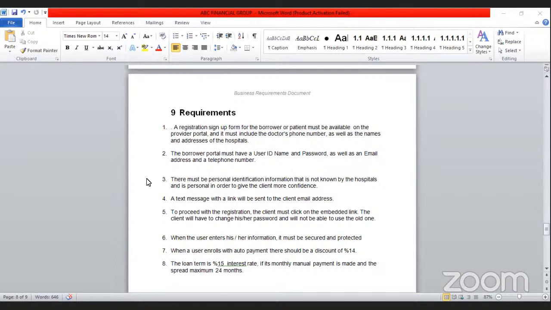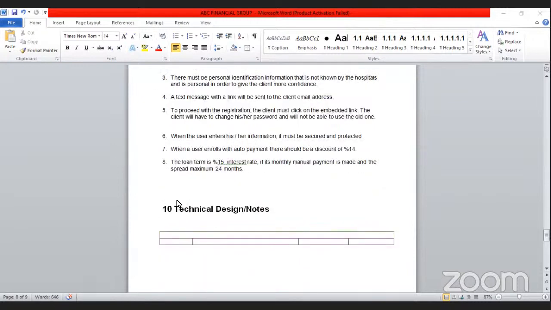The client will have to change his or her password and will not be able to use the old one. When the user enters his or her information, it must be secured and protected. When the user enrolls with auto payment, there should be a discount of 14%. And the loan term is 15% if monthly manual payment is made, spread over a maximum of 24 months.